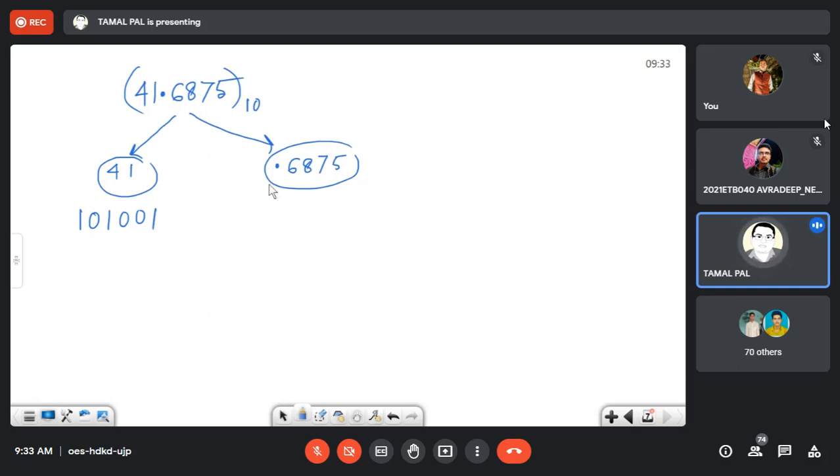Now how can we convert the fraction into binary? Here the rule is you have to multiply by 2. Actually 2 is for binary. Here I am using 2. In general, you have to multiply by r.